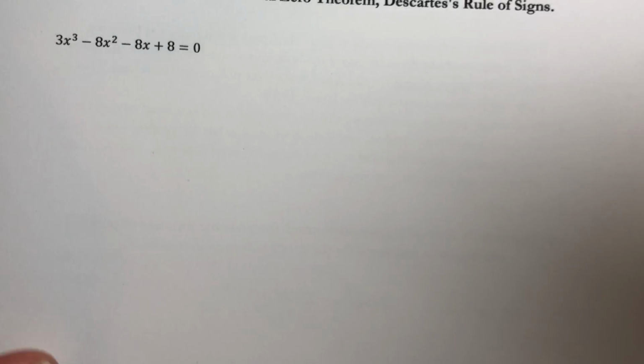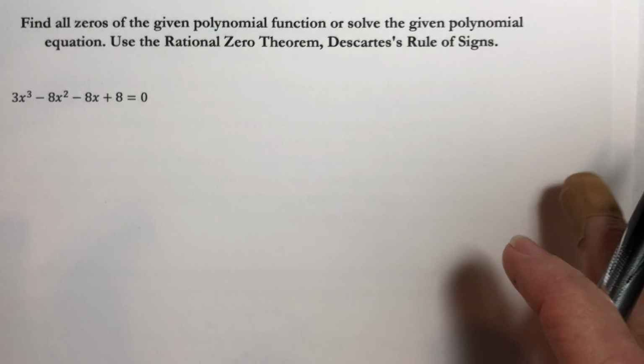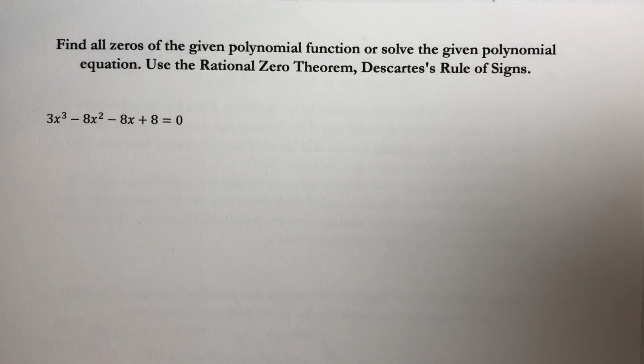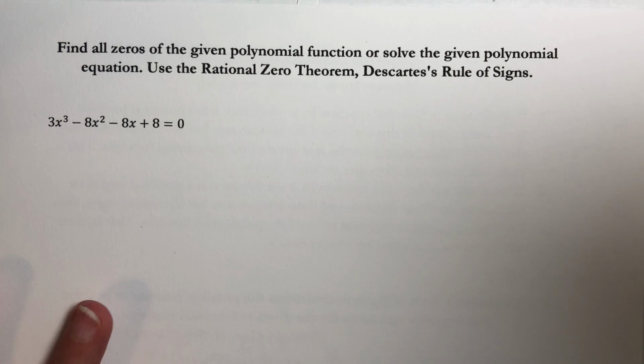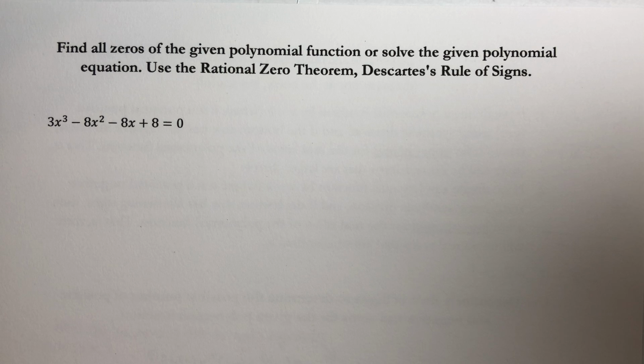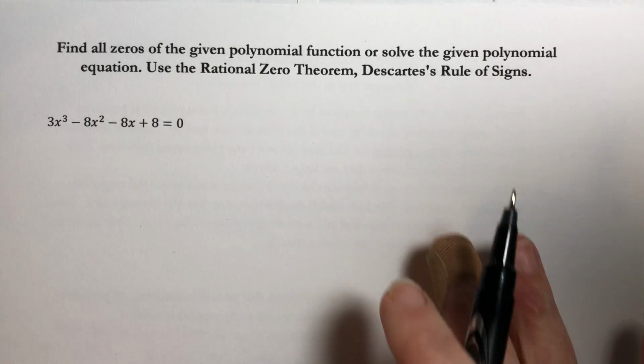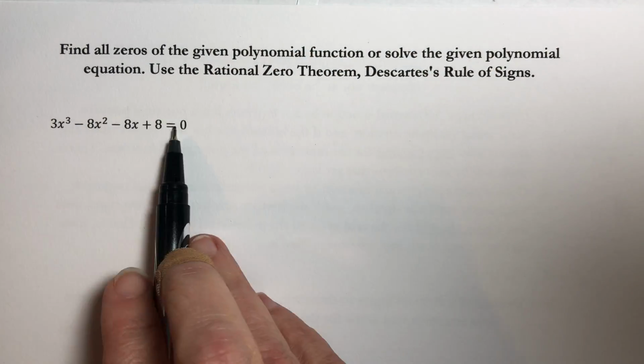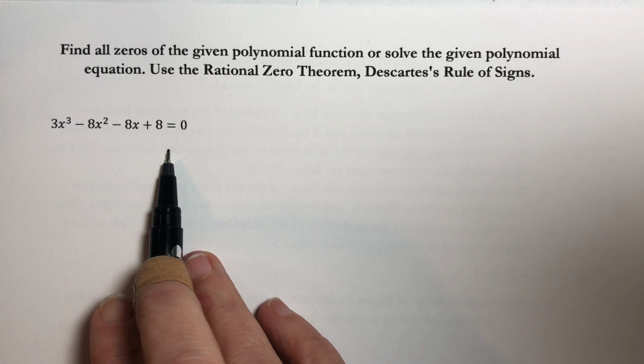Okay, so let's find all zeros of the polynomial functions given. We want to use the rational zero theorem. We want to use Descartes' rule of signs. We will also keep the bounds in mind as we go along with this. So the first thing we want to do is let's do Descartes' rule of signs first.